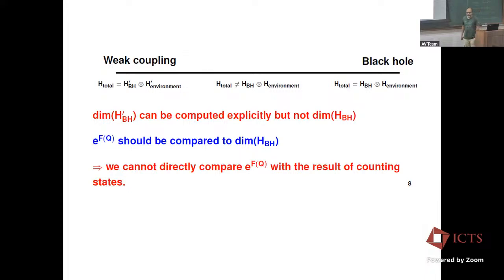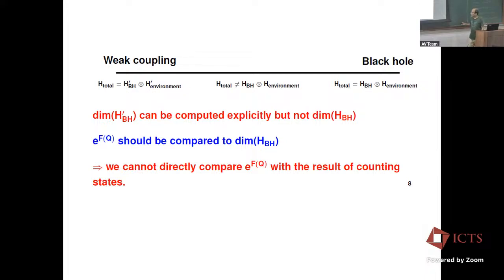The reason that it's important is because with our current technology, we can calculate this. In fact, we can calculate this because in this weak coupling region, not only is there a single split like this, the whole Hilbert space becomes a product of harmonic oscillators, which I'll explain later. And hence, it's easy to count the dimension of H prime BH. But the black hole description is valid here.